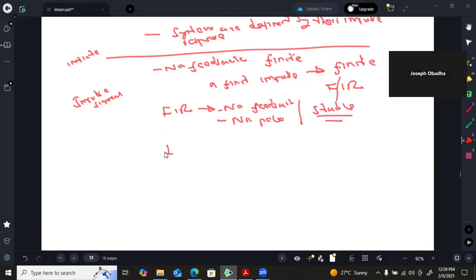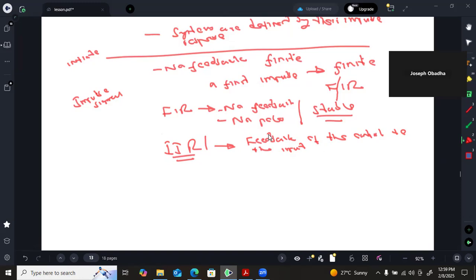We talk of infinite impulse response filters. So in the infinite impulse response filters, you have a feedback of the output to the input.